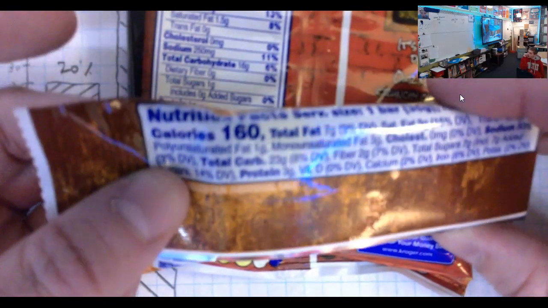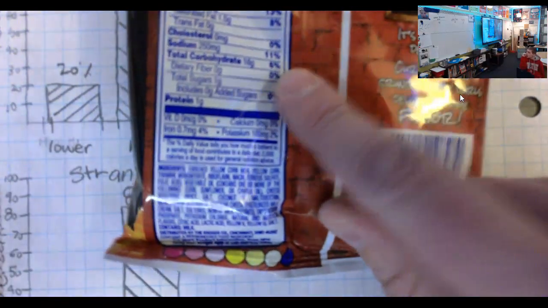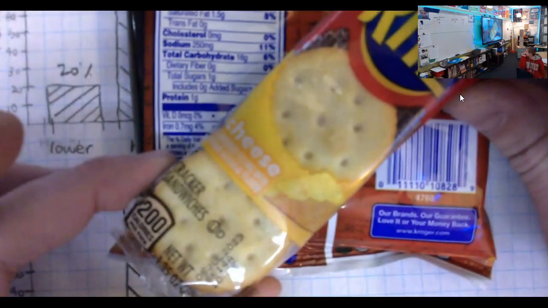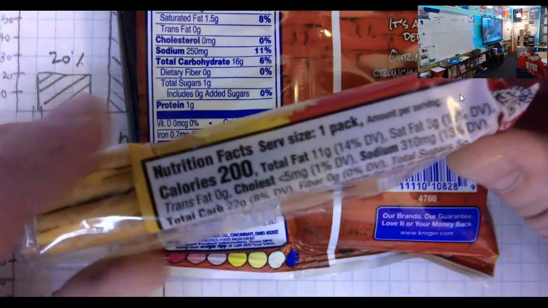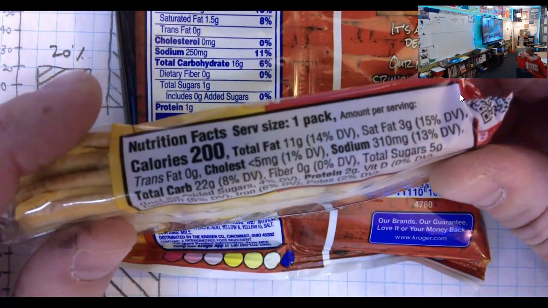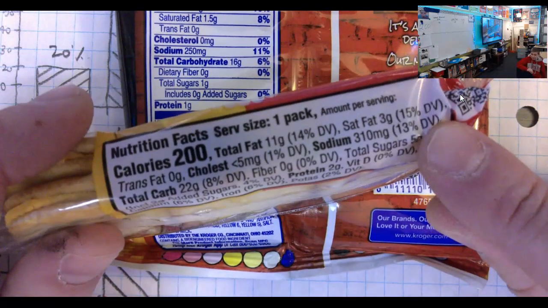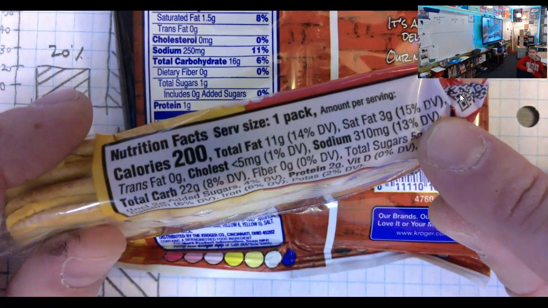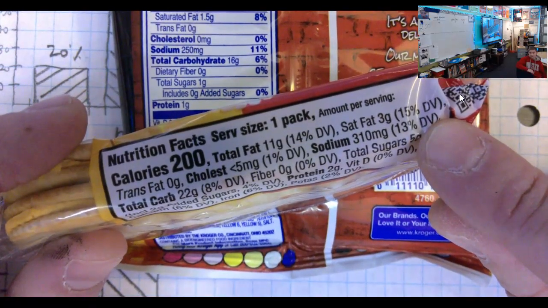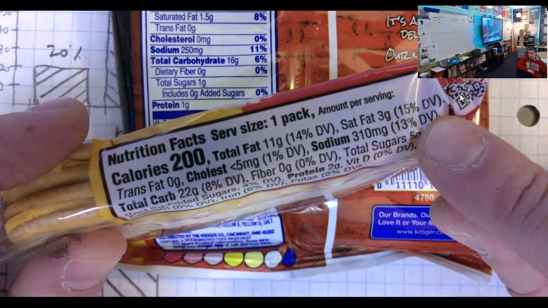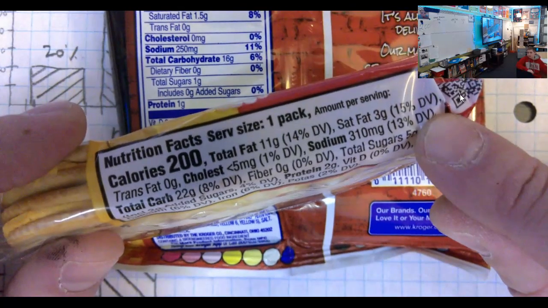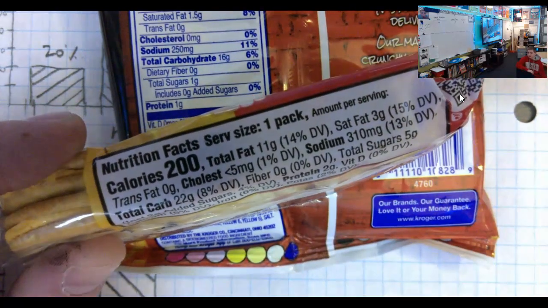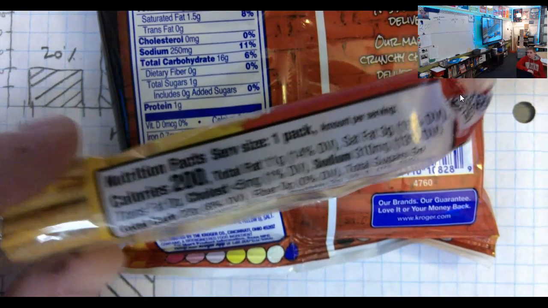So this bar is only 3% sodium versus 11% sodium. But wait, I really like the Ritz cheese crackers, right? Let's look at how much sodium is in here. 13. Well, okay, sure, I could eat that, but should I? Probably not, at least not the whole thing at once, because that'll give me a blood pressure spike. Not so good, right?